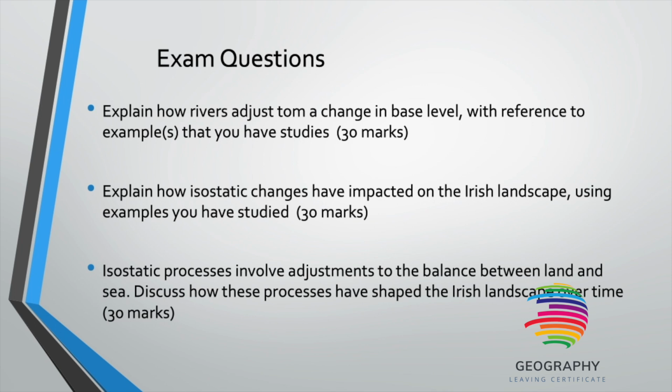Then once you've discussed that, you're looking at how these processes have shaped the Irish landscape. Again, you're open to rivers. You look at nick points, incised and entrenched meanders, paired terraces, and also, in terms of coastal processes, raised beaches, cliffs, raised platforms, etc.